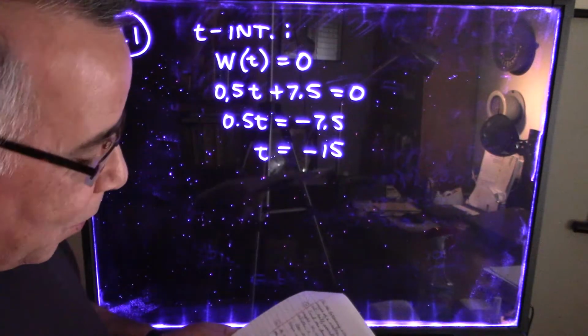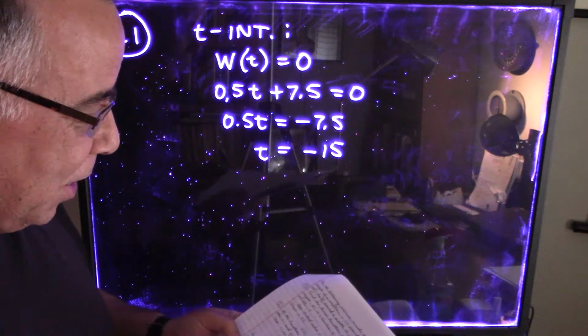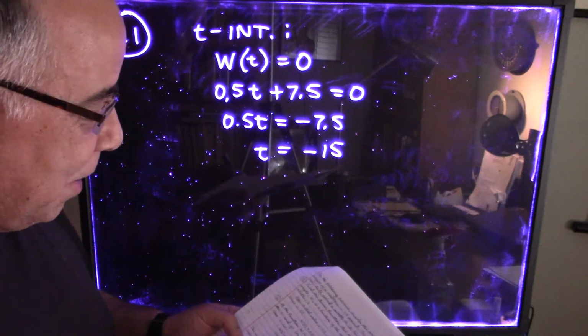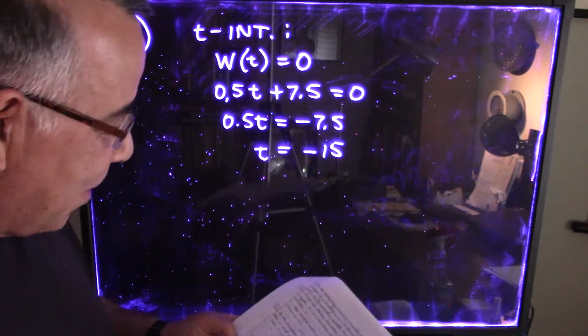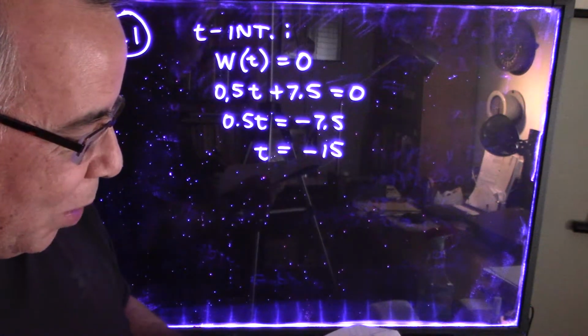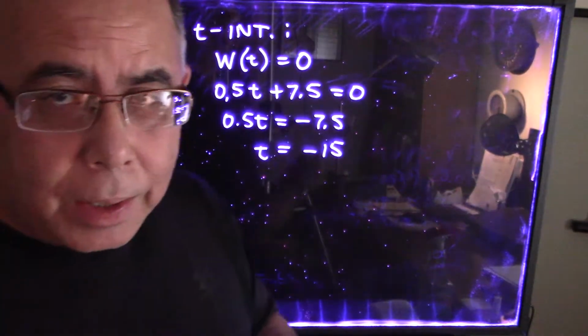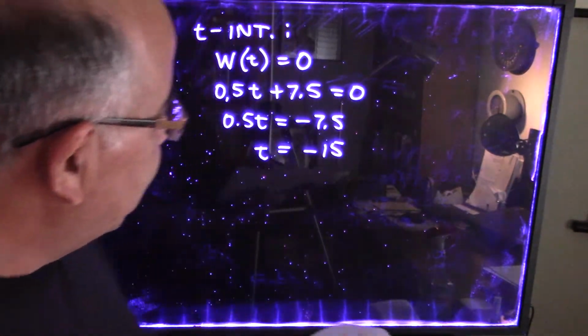Well, you could say it was 0 if you consider it as a baby that doesn't exist yet. The baby didn't exist yet, so it had a weight of 0. That kind of makes sense. And then there's the W-intercept.